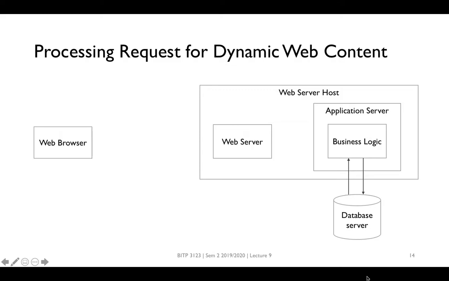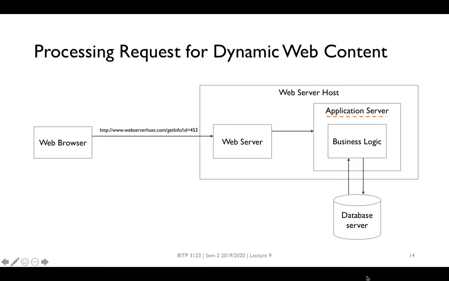When a request is made from a web browser, it will be sent to the web server for further processing. In this example, additional information, which is ID 453, is added at the end of the URL. When the request reaches the web server, a special program will be invoked in the application server.